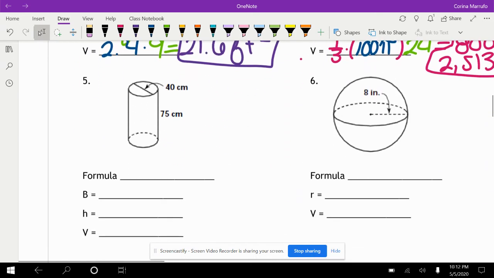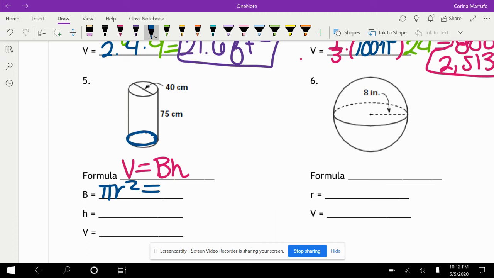All right, so the next example here. This one is a cylinder. Since we have a cylinder, we are going to use volume equals big B times little h. So now we need to find the area of the base, which is this circle. We're going to use pi r squared.